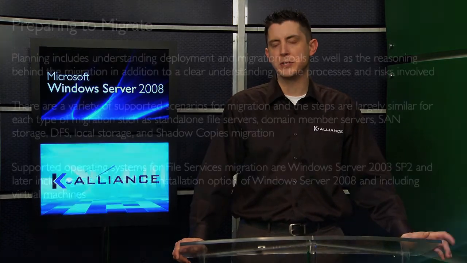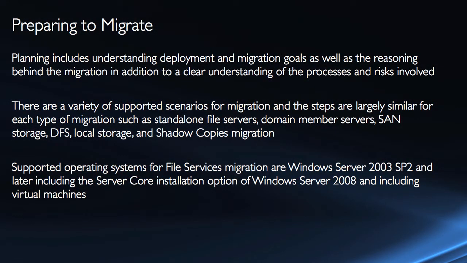Of course there are different steps for DFS versus SAN, SAN versus local storage. But the primary phases, the overarching processes are pretty much the same. Supported operating systems for file services migration are Windows 2003 SP2 and later, and that does include the Server Core Edition for Windows Server 2008.